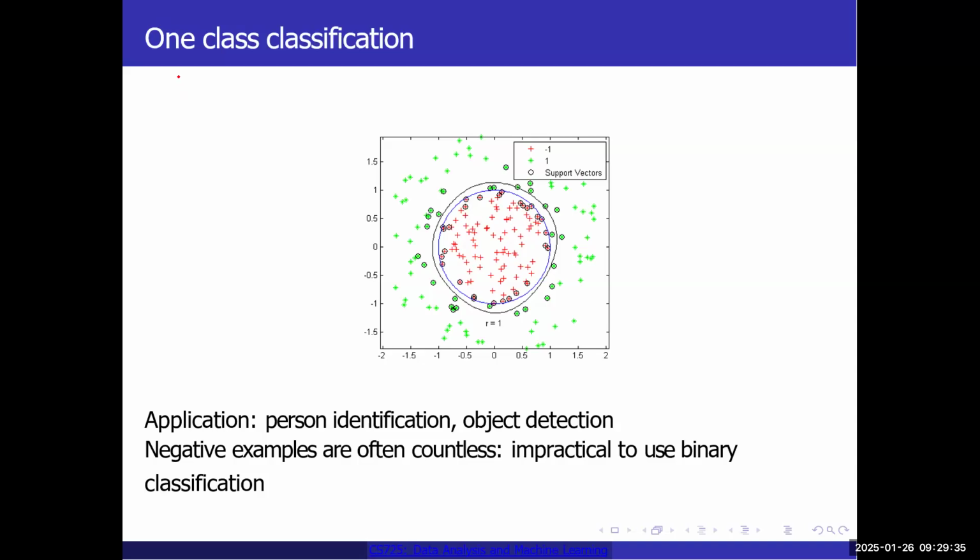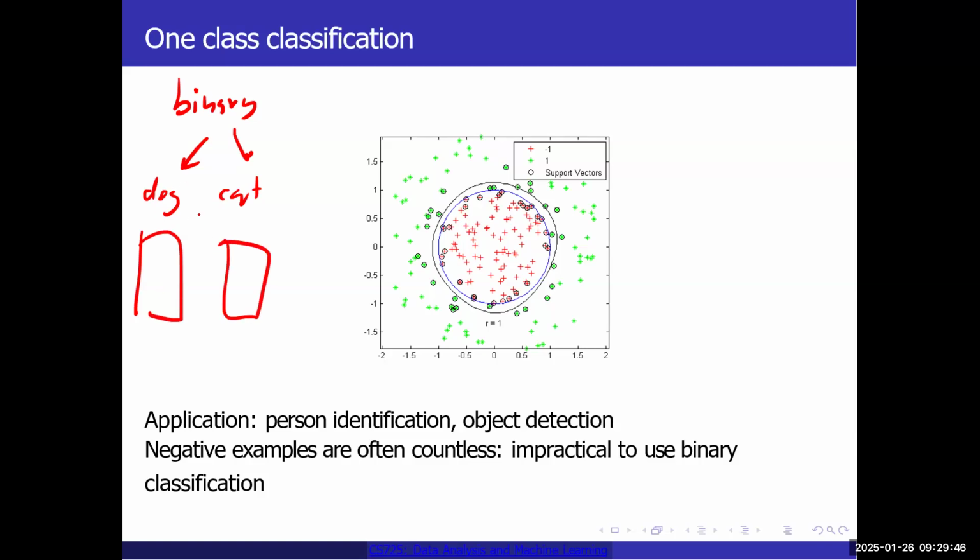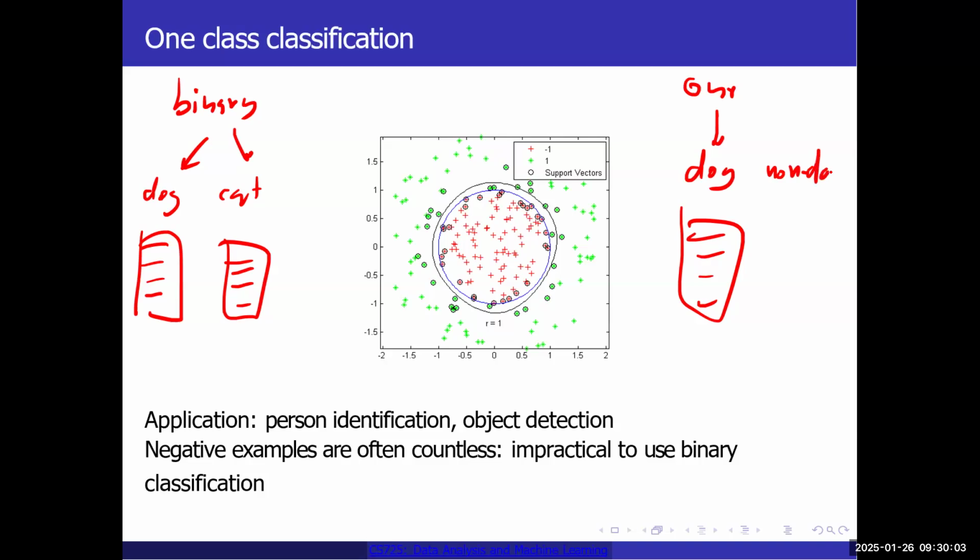And the way that one class classification is trained compared to binary is different, right? Because in binary, you have two classes. For example, you have dog and cat, right? And when you train both classes, you need to have the data of dog and the data of cat, right? You have to have the data for both classes. But for one class, you only have dog, right? And then you have not dog, non-dog, right? So this non-dog can be anything.